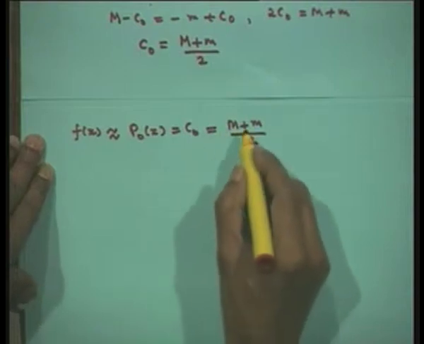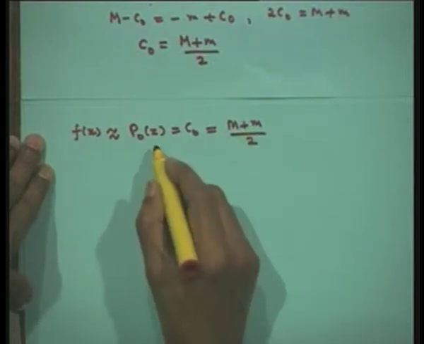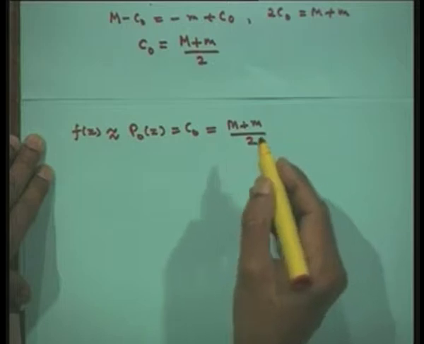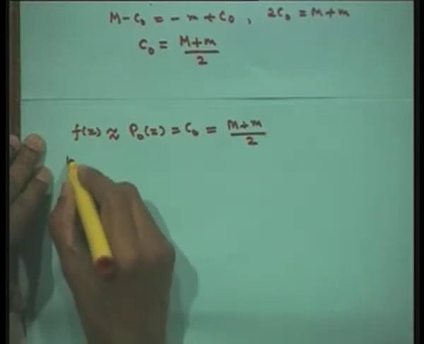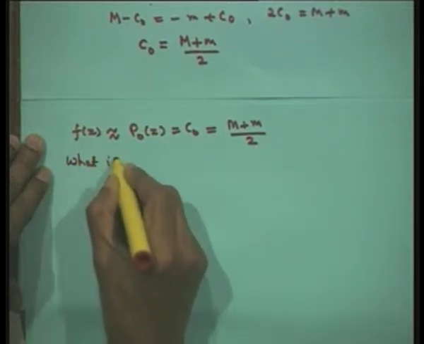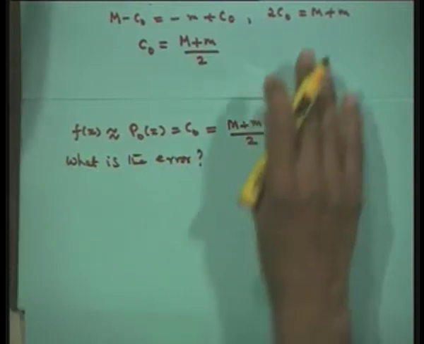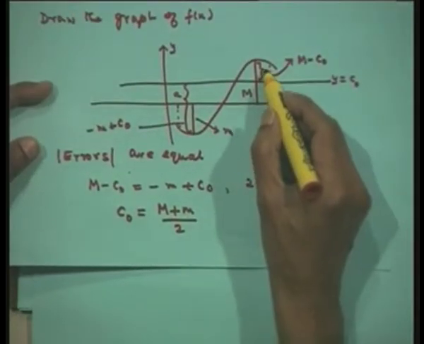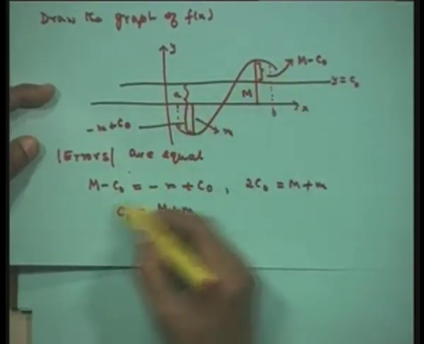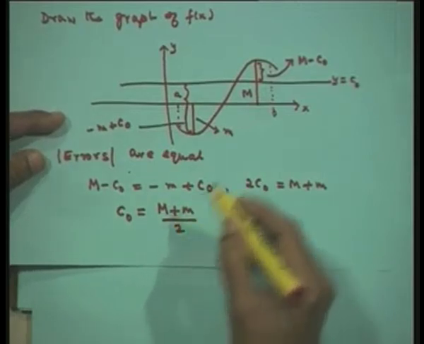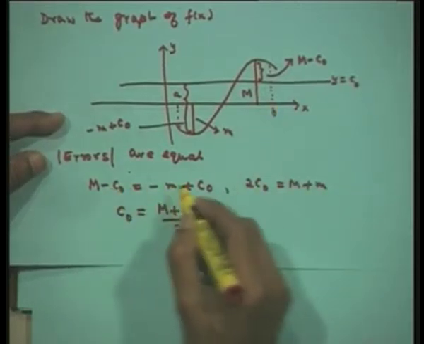Now, if this is the approximation to our function f x in the interval a b, let us try to find out the error. What is the error we have committed here? This is the error, this is the error, we have made them equal. Therefore, I can find out the error either from this or from this.